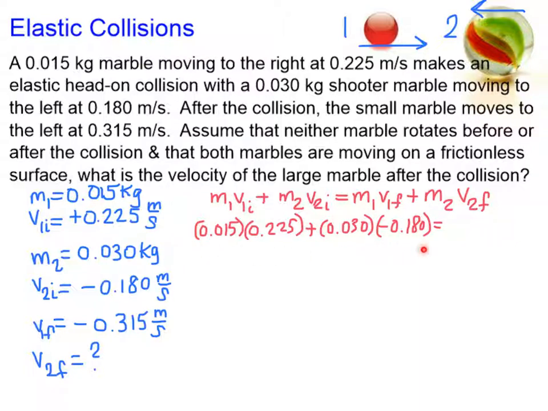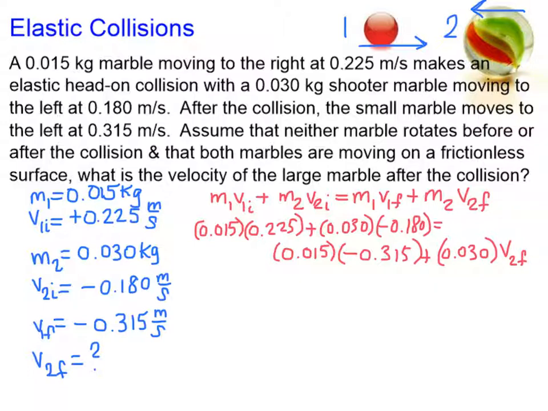Here are the numbers that I've plugged into the left side of the equation. Now I'm going to plug in the numbers for the right side of the equation, and I'm going to write that down a line below so that I have enough room. And there I have plugged all my values in for my different variables. I can simply solve now algebraically for the final velocity of the second object.